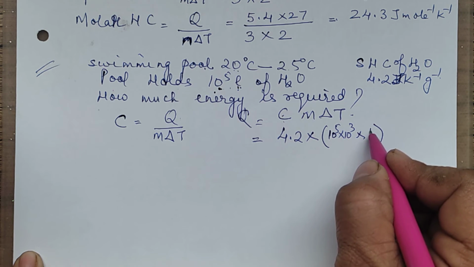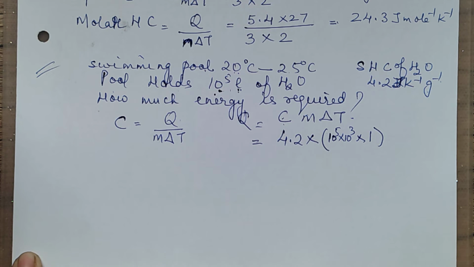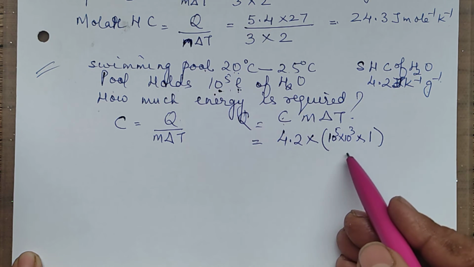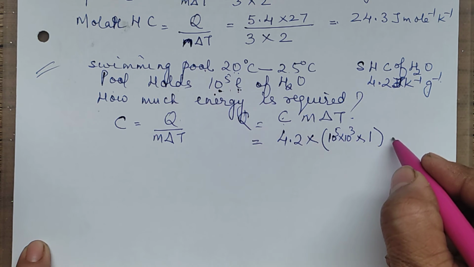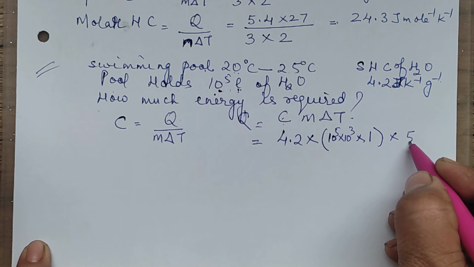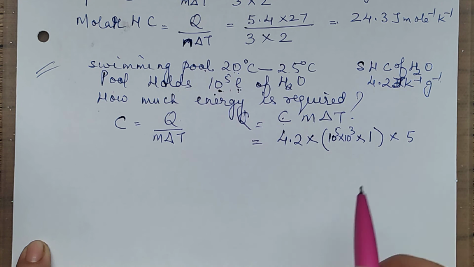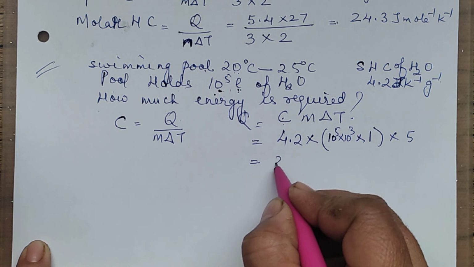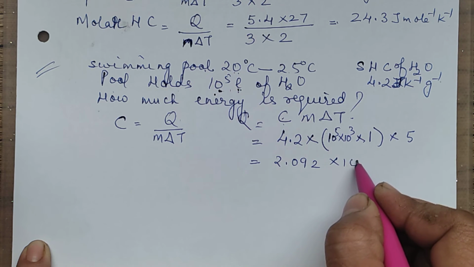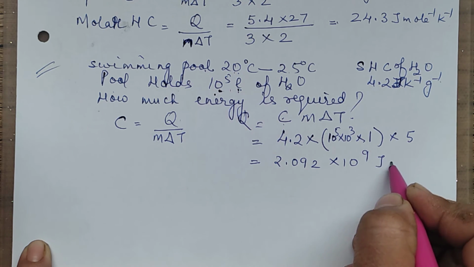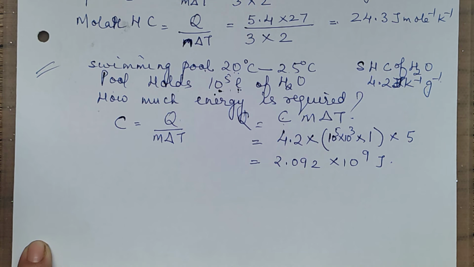Density of water is 1 gram per ml. So volume into density gives you the mass of water, into the temperature difference, that is 5. Okay, so when you solve this, you will get 2.092 into 10 to the power 9 joule. This much joule is the heat required.